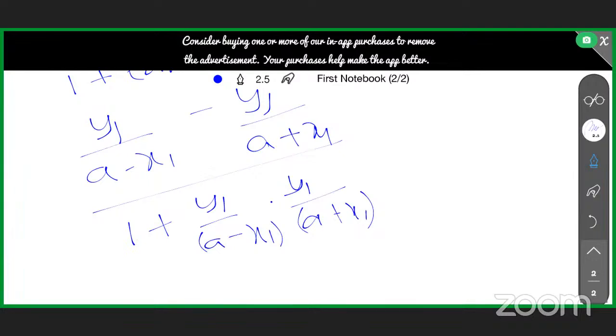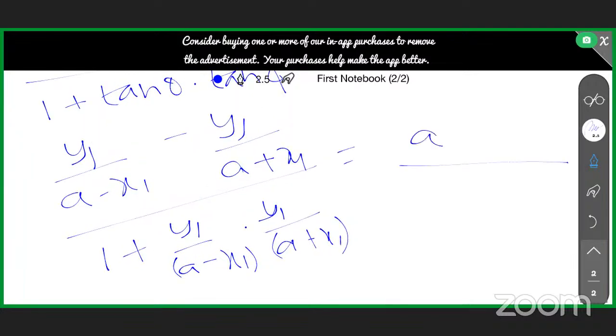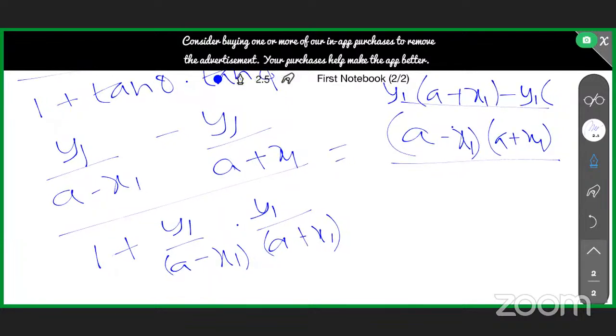So this is equal to tan 2 alpha. Now I multiply this side. What happens is this becomes a minus x1 into a plus x1, whole divided by, not 2y1, sorry, y1 into a plus x1 minus y1 into a minus x1.